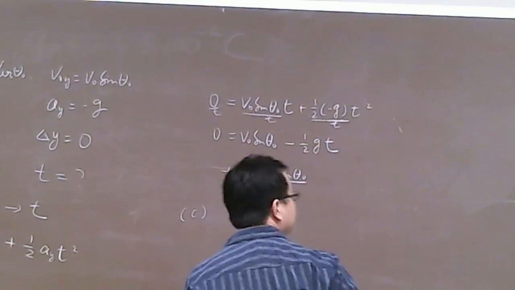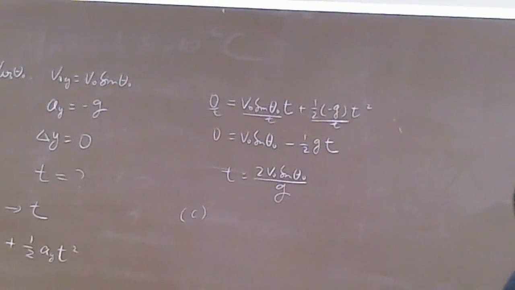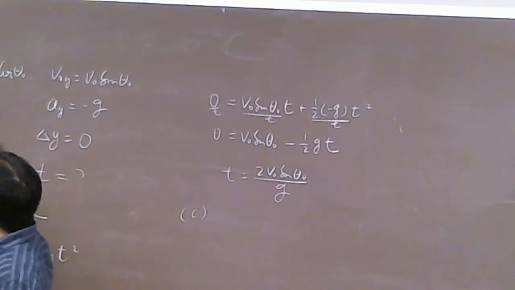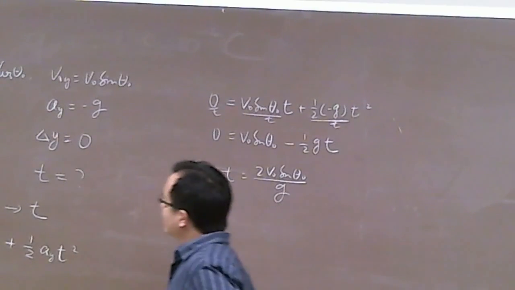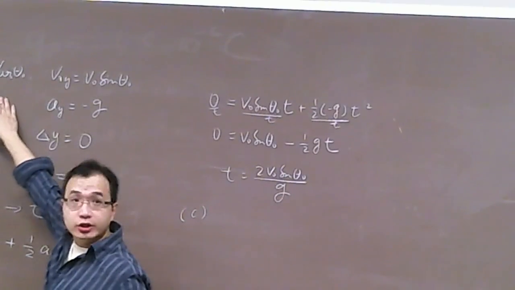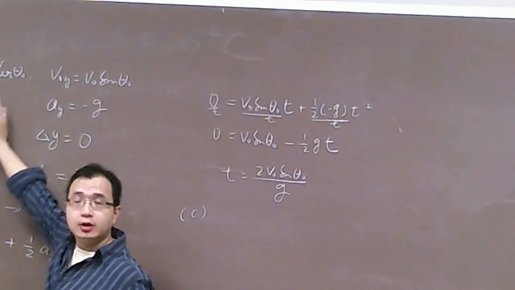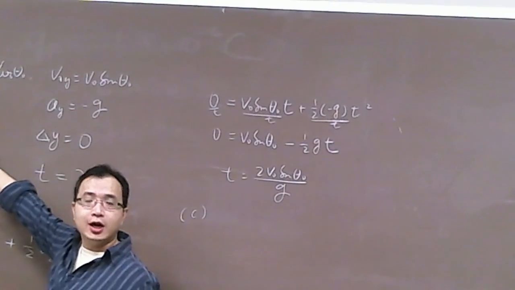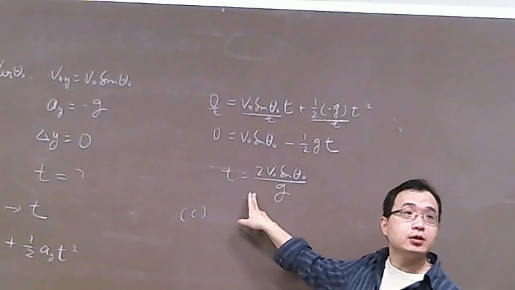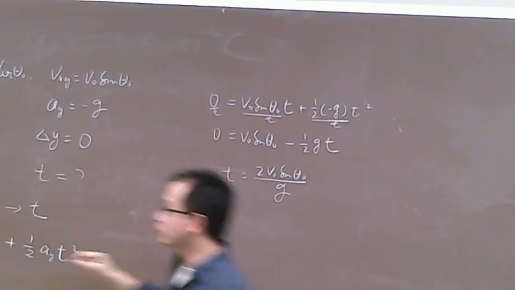Part C. We want to find the horizontal range. If you look at the expression, we already have the initial velocity and the acceleration. And now we calculated the time t for the motion from here to here.